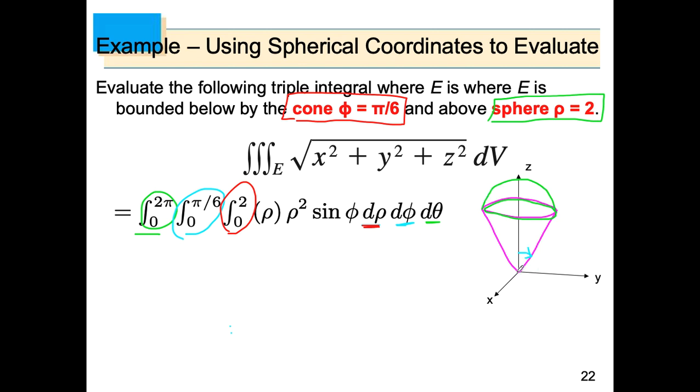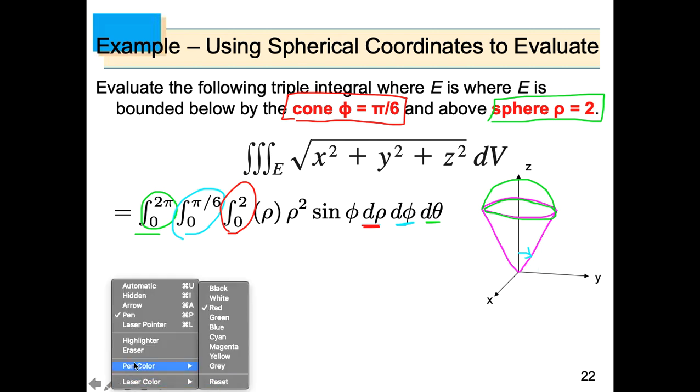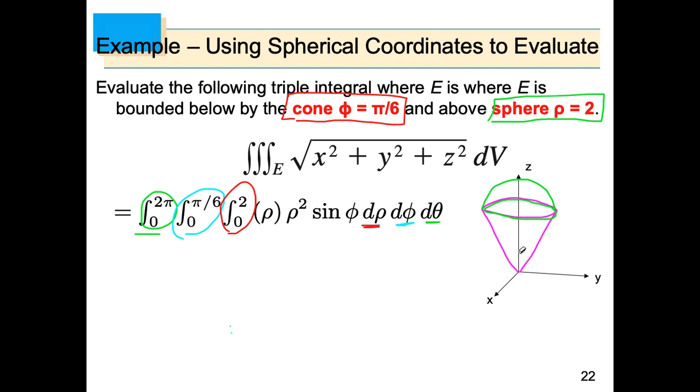But the point is that the distance from the origin to the sphere itself, let's say that it hits the sphere at that spot, is no more than a distance of 2. And even if I go from the origin to this little edge over here, it's no more than a distance of 2 no matter how you slice it. So it's a distance from 0 right at the origin all the way up to 2.